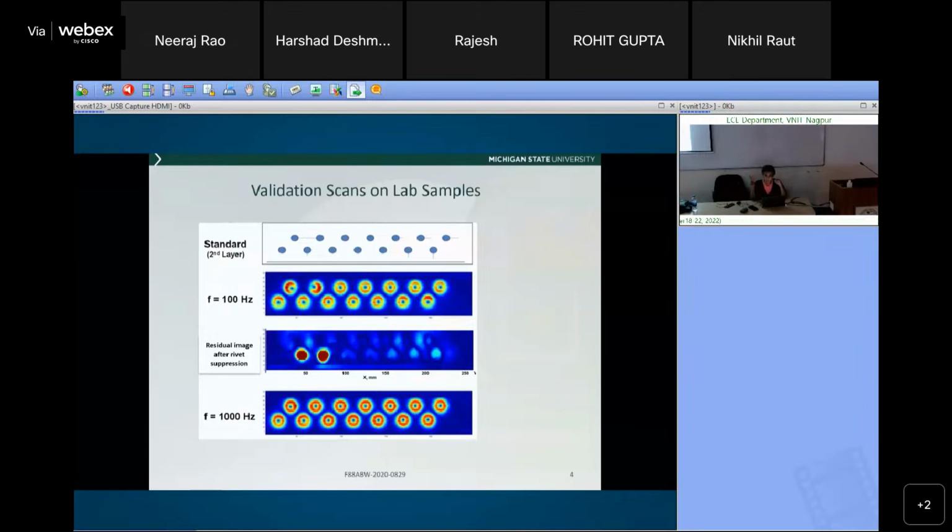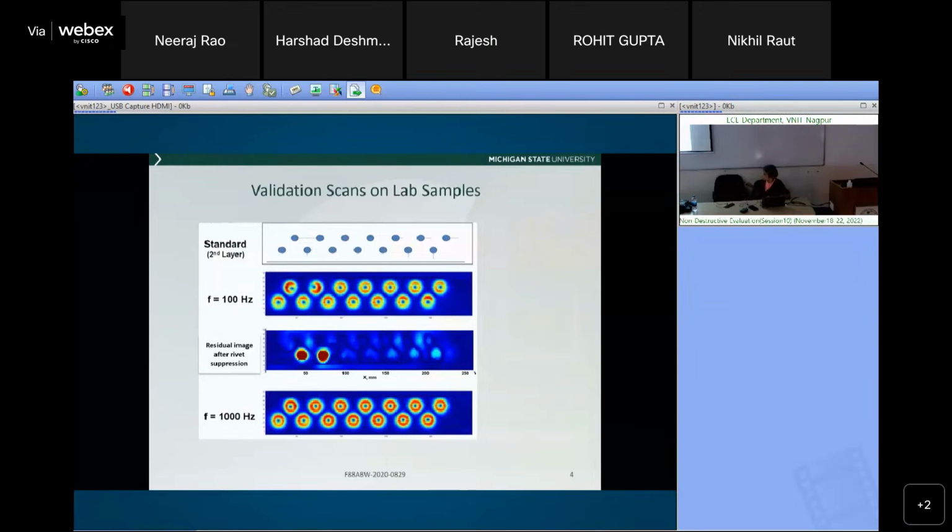Our system operates at 2 frequencies, 100 hertz and 1000 hertz. At 1000 hertz, you cannot see any of the defects. They all look absolutely symmetric, because at 1000 hertz you only pick up the rivet signal. There is some defect signal, but mostly rivet signal.